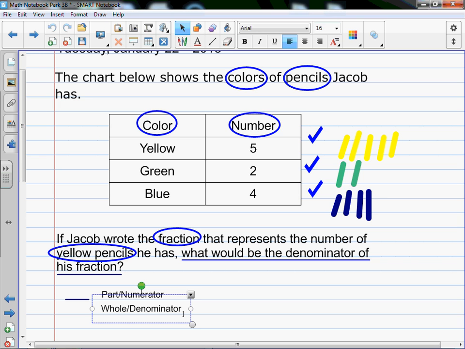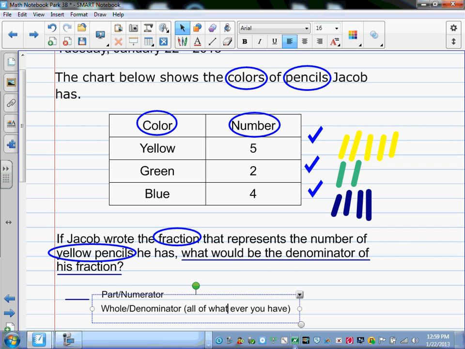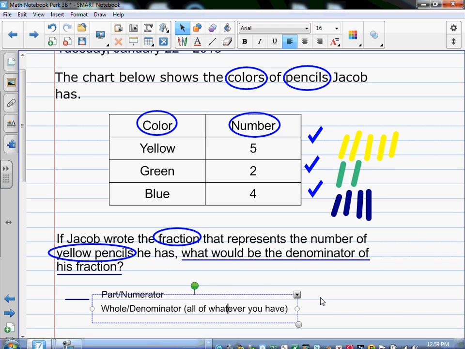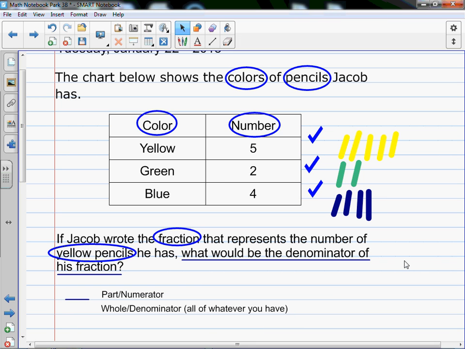This is all of them. It's going to be all of whatever you have. So what do we have here? Adrian? 11 color pencils.